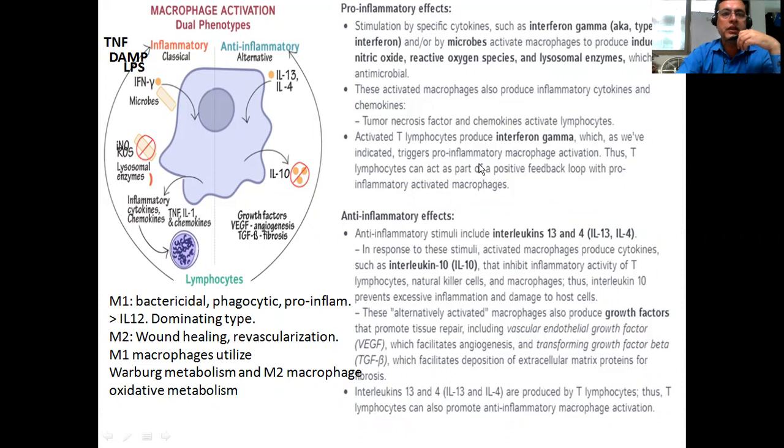In the embryo or the fetus, they are made out of the yolk sac or the liver progenitor cells, and those macrophages of embryonic origin later become fixed macrophages in different tissues.